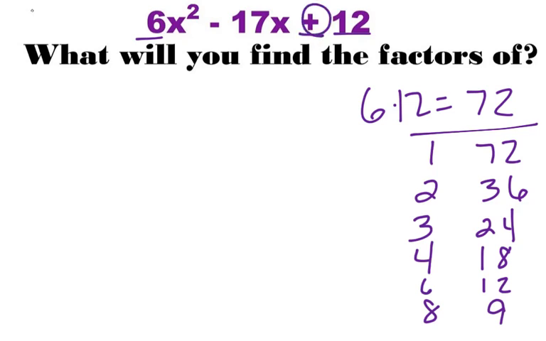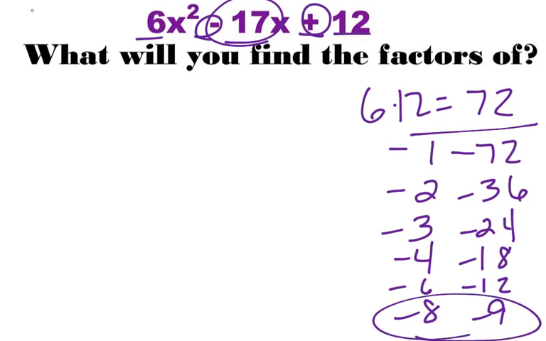Signs are the same, and they're all negative. You need the ones that equal negative 17. It's going to be negative 8 and negative 9.